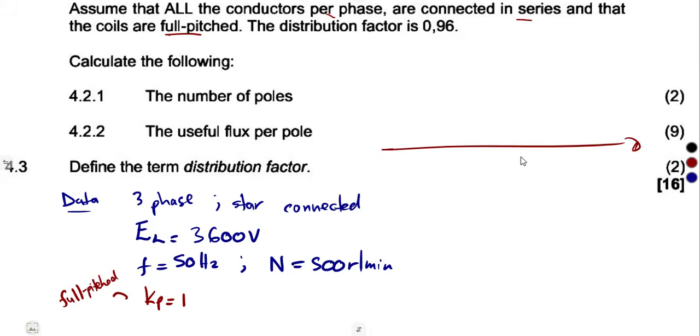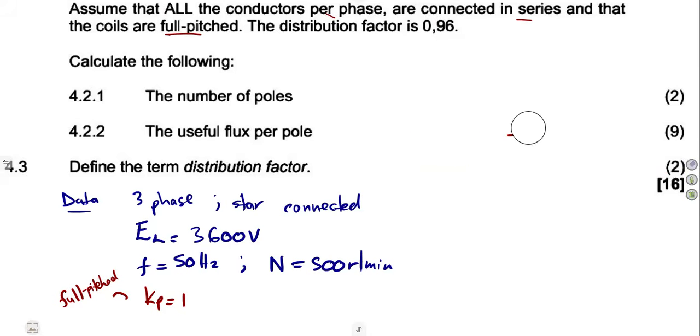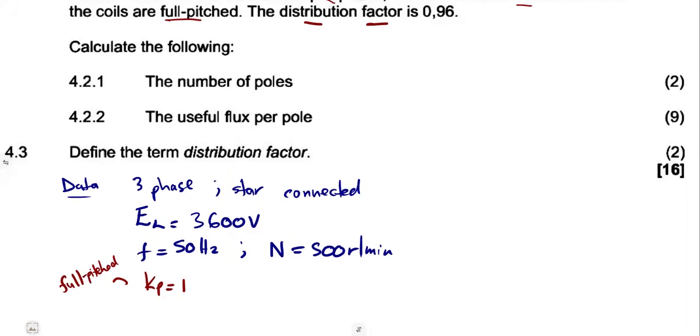Remember that part when you refer to the pole pitch, guys, the full pitch, it will be 1. So there, the distribution factor, this time we are given 0.96. This is what we have.